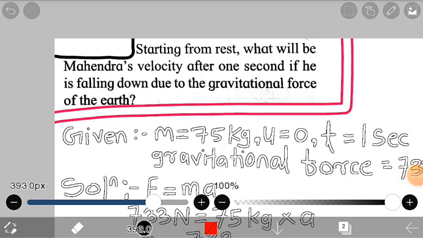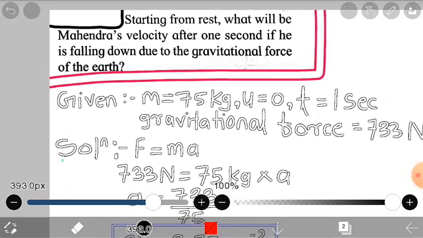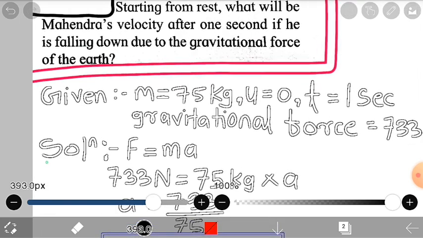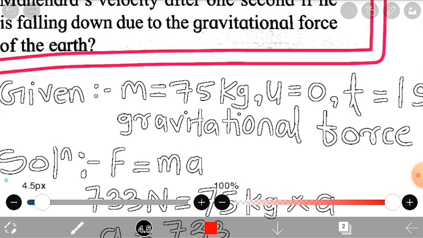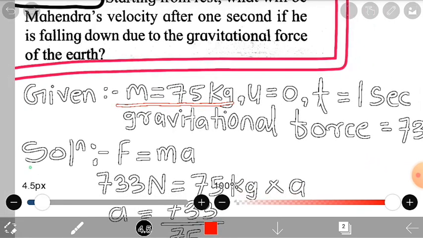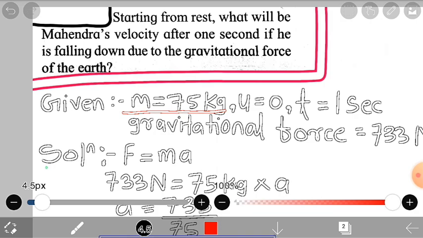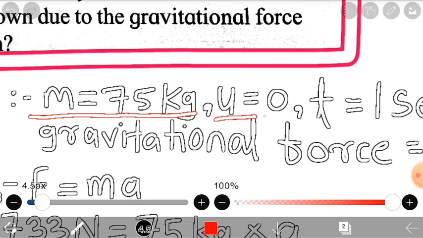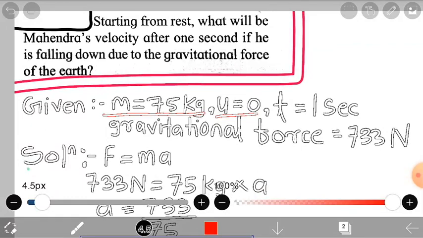So this is the fourth question. Let's see what is the question. Starting from rest, what will be Mahendra's velocity after 1 second if he is falling down due to gravitational force of earth? This question is also dependent on the recent 3 questions, as we know that the mass of Mahendra in all 3 questions is 75 kg, and here it is given that starting from rest, it means that the initial velocity is 0 and time is given as 1 second.